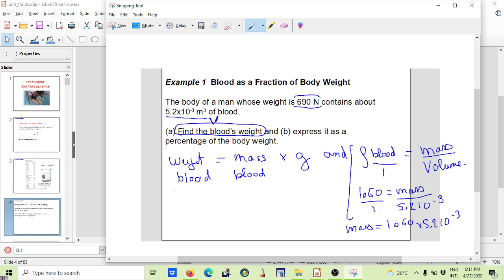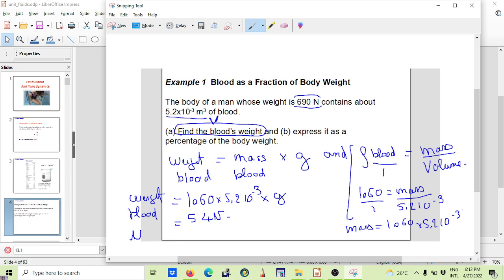Okay, so the weight of blood is going to be the mass, and the mass is 1060 times 5.2 times 10 to the negative 3, times gravity. And if you do that, you're going to find 54 newtons.